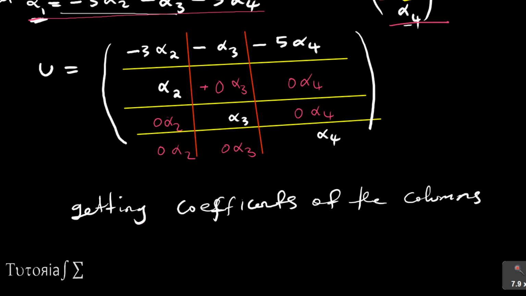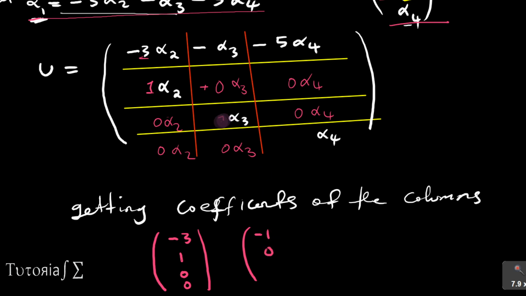So for the first one, we have negative 3, so it'll be negative 3. The second one, the coefficient here is 1, so positive 1. Here we have 0, 0, so that will be our first vector. The second vector, we get the coefficients in the column, so this is negative 1, negative 1, 0.